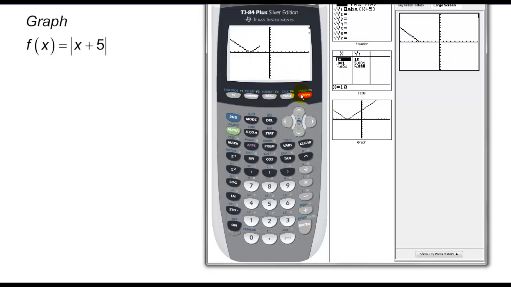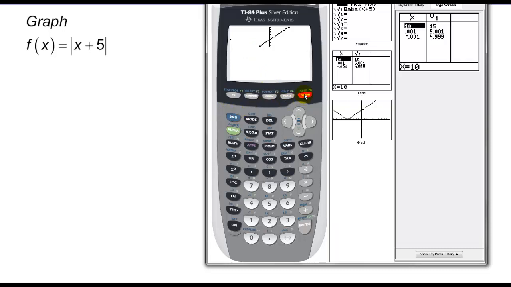And here's my graph. Now you'll notice that this graph has moved over to the left a total of 1, 2, 3, 4, 5 spots. And then let's just take a look at the table real quick. In this table you'll notice that I've still got it set on my ask feature.